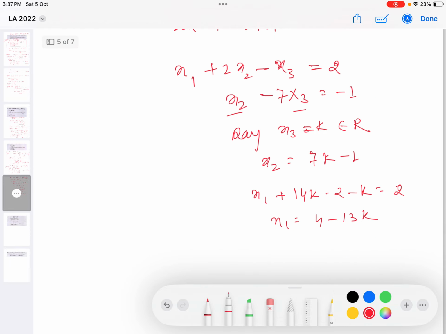Yes, तो x3 को मैं k डाला है तो x2 will be 7k minus 1.